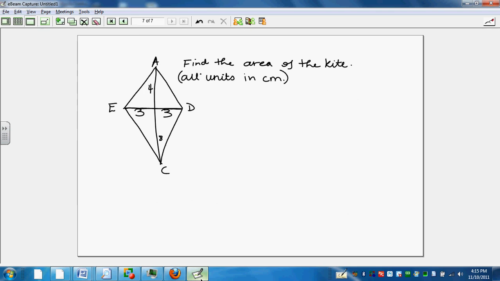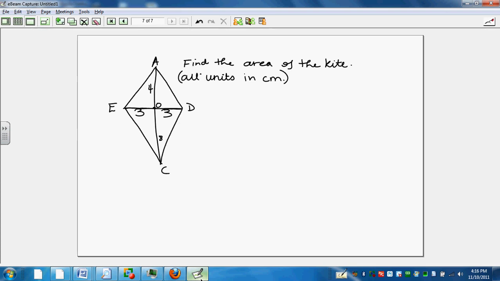Okay, in this example, we are asked to find the area of the kite. And we are given the dimensions from A to this position here, let's call that O, and then from O to C. A to O was 4 centimeters, O to C 8 centimeters, E to O was 3 centimeters, and O to D was 3 centimeters as well.